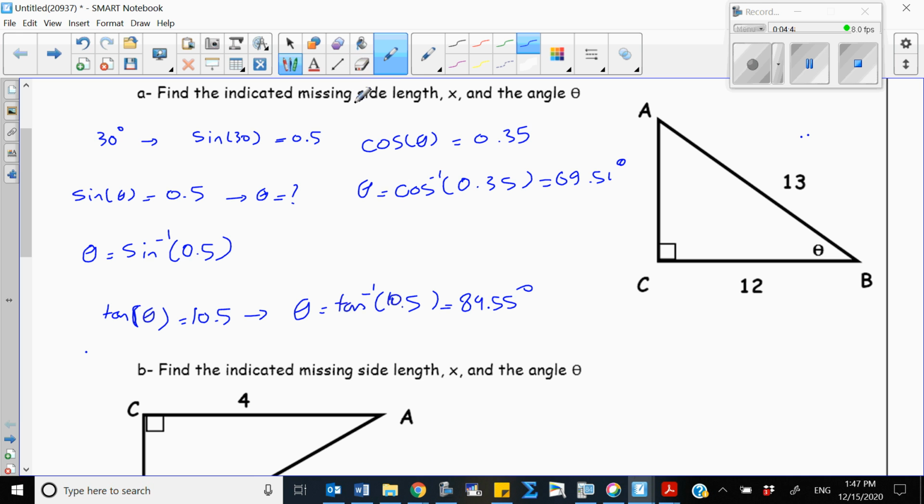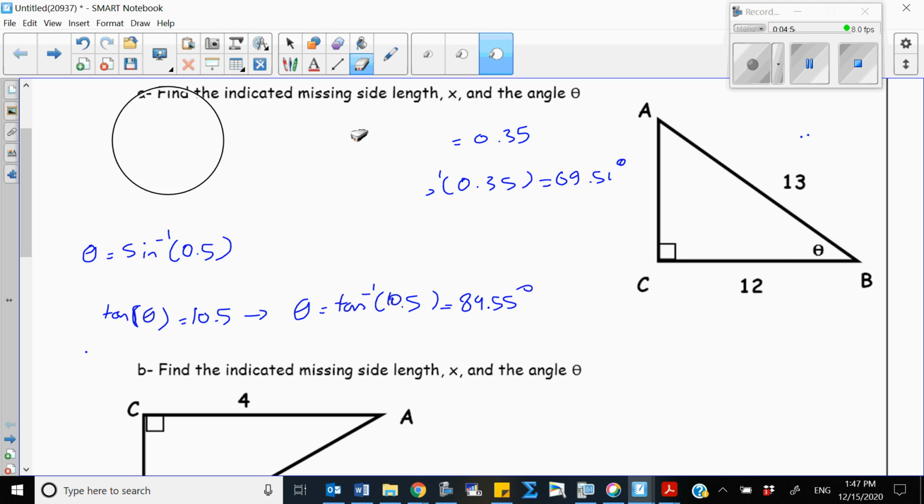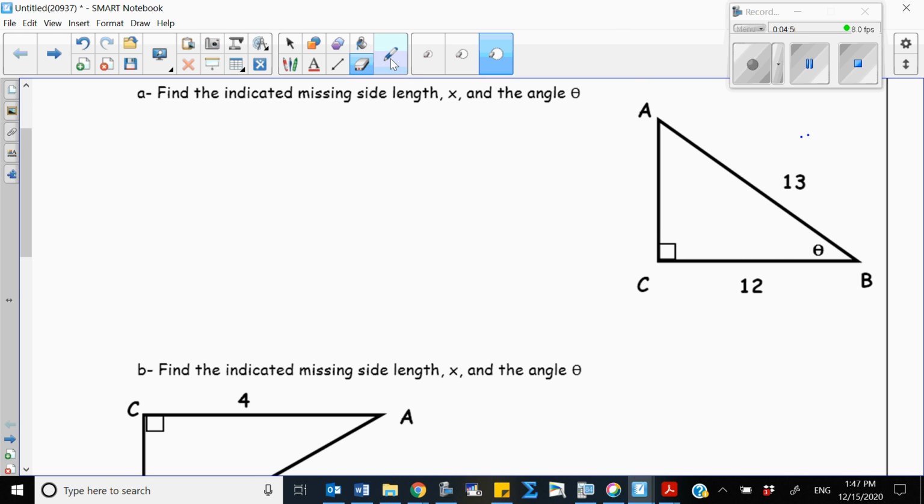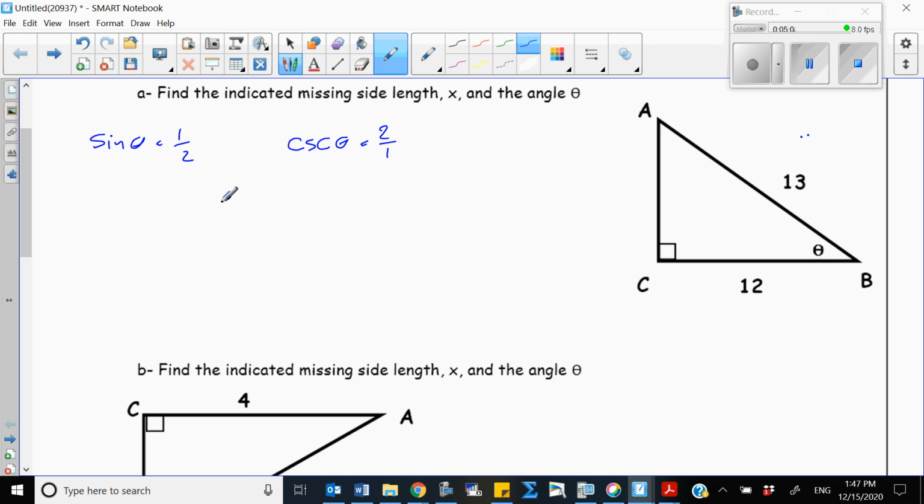And notice that inverse functions are totally different from reciprocals. When I'm talking about reciprocals, like sine of theta, for example, is equal to 1/2, cosecant is the reciprocal of that, and it's just equal to 2 over 1. It's totally different from the inverse function.